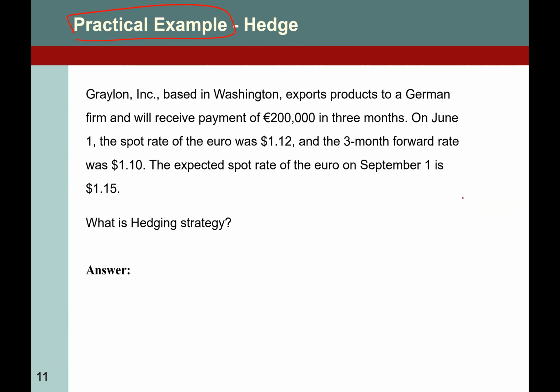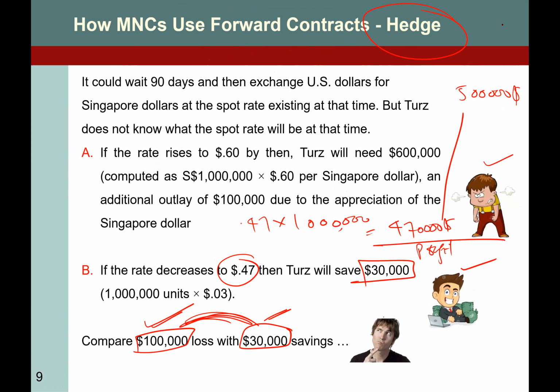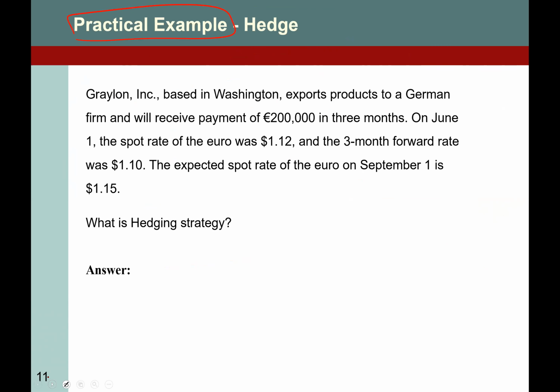They should enter into a forward contract or future contract. Yeah, and so what happens then? Because we don't have enough information here, we just have an example to understand this. And now we are having this example here. So you need to tell me what kind of hedging strategy we should use.